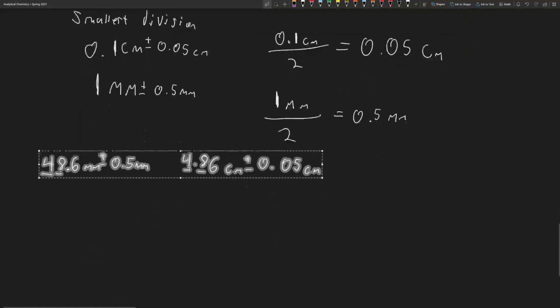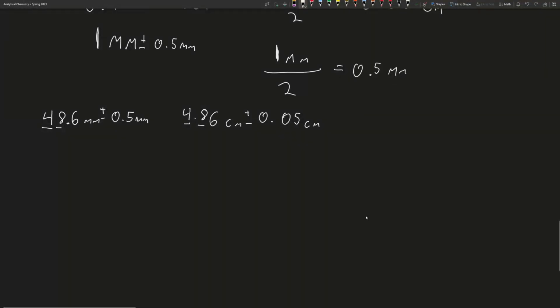So what this says is, well, our actual value, let me actually show here. This says that our actual value exists between, let's use just the millimeters. I'm not going to use the centimeters, just the millimeters. So our actual value is between 48.1 and 49.1, as this 6 minus 5 is 1.